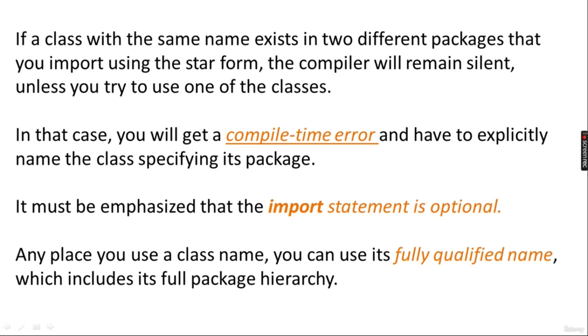When you try to use that class, only then will the compiler give you a compile time error. In that case, you have to explicitly name the class specifying its package.